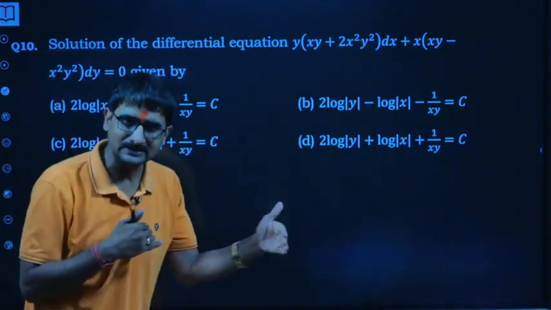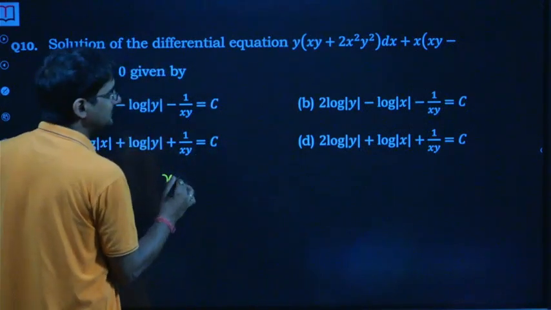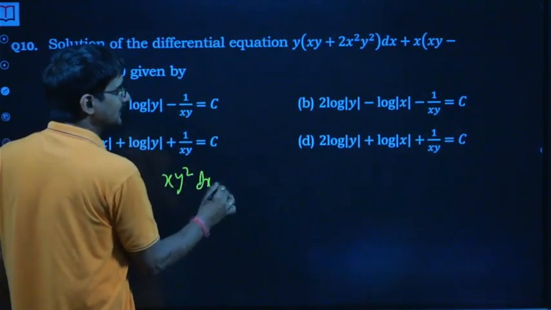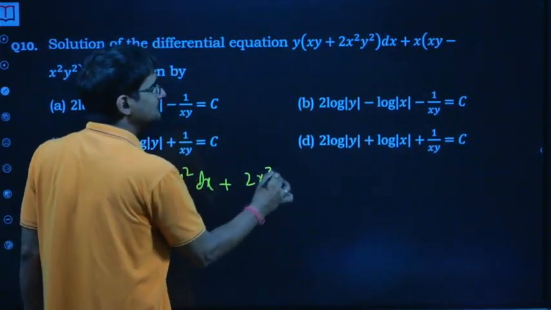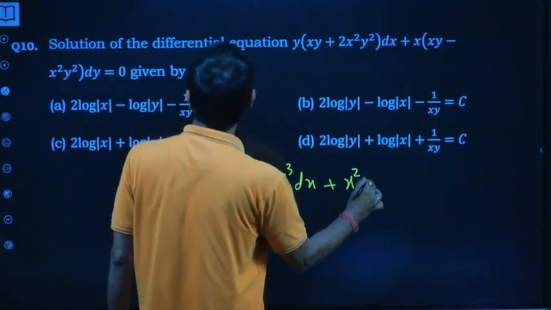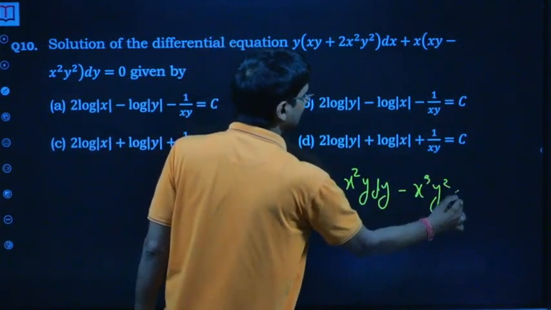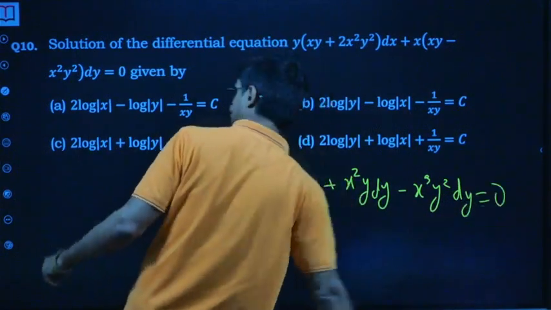So of course that's the pattern I follow. But just by looking at it, the first thing I tried was, can I write it as an exact differential form? So let me just try it. x square y dx minus x cube y square dy equal to 0.